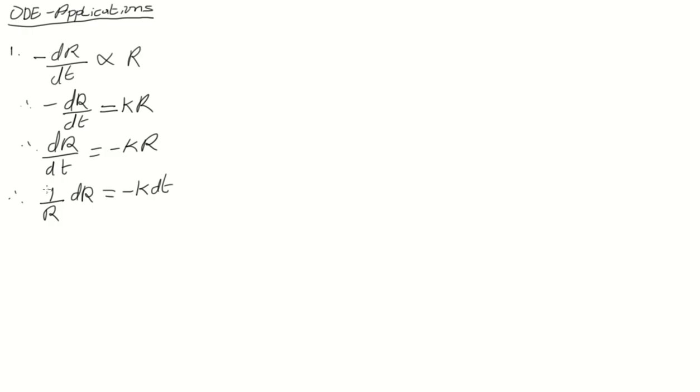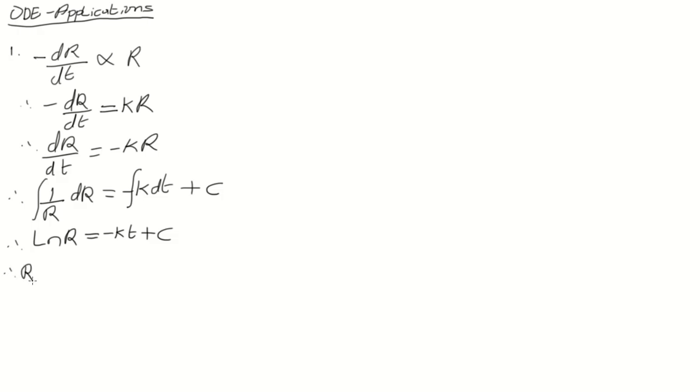So we therefore have to integrate both the left and the right hand side. So we can say plus c. You remember therefore from the separation of variables, ln R equals minus kt plus c. Our special variable R only appears once here, so we can easily make it subject of the equation.